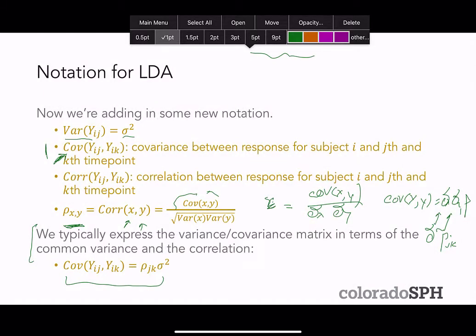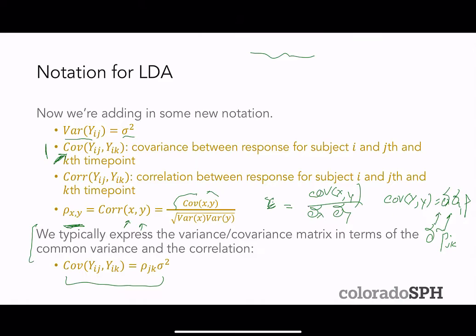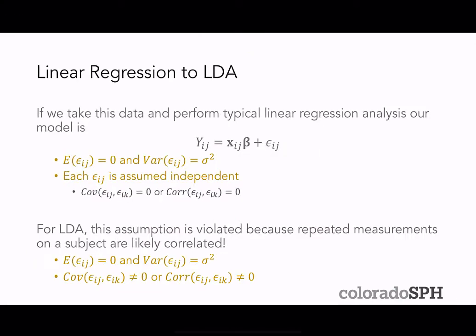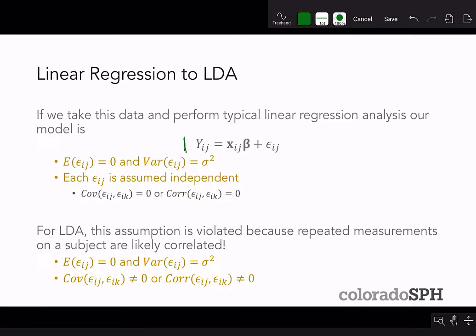So think back to linear regression for a minute. If we take this data and perform typical linear regression, our model would be yij, the outcome, is equal to x beta, the linear predictors, plus some error term. And here we actually just have a scalar value y. We'll look at this formula in matrix notation in a couple slides. So this is a vector because there might be multiple x's, and this is a vector as well because you have a beta for each x that you have.